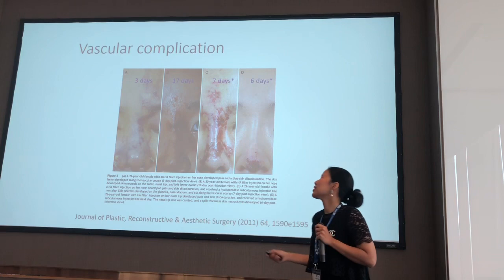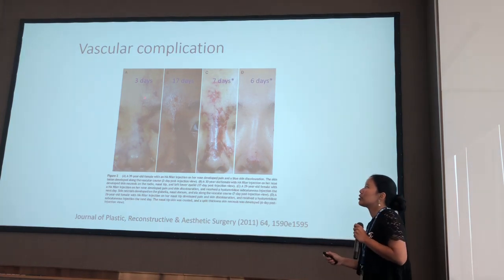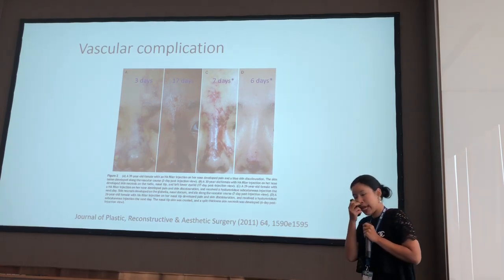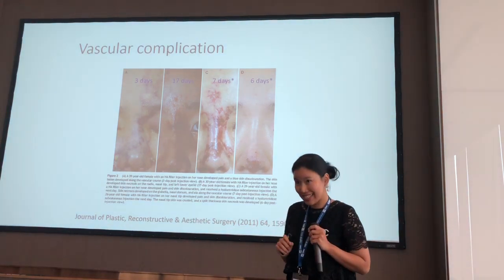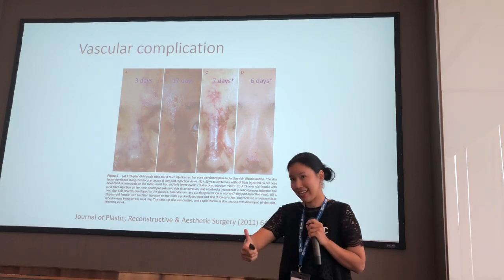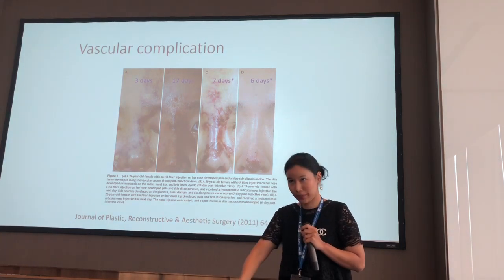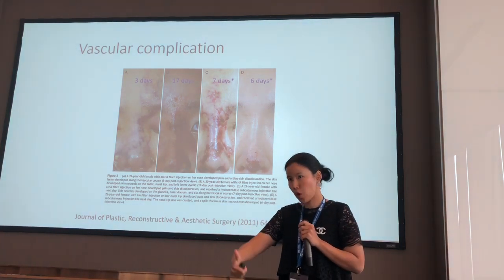And this is a picture of the vascular complication at 3 days, 17 days, 7 days, and 6 days of presentation. So what determines the prognosis of the case is firstly the time of detection. The faster, the better the prognosis.